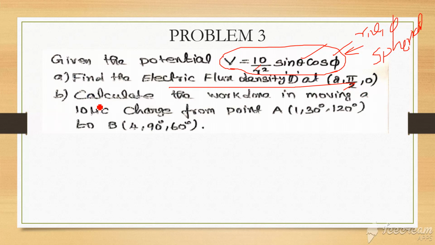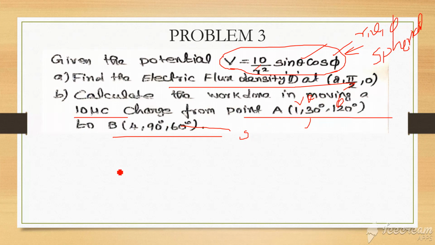In part B, calculate the work done in moving a 10 microcoulomb charge from point A to point B, which are given. Here also it is very, very important that these points are spherical, because two angles are there. First one is R, second one is theta and third one is phi. So we already know the parameters defined for spherical, that is R, theta and phi.